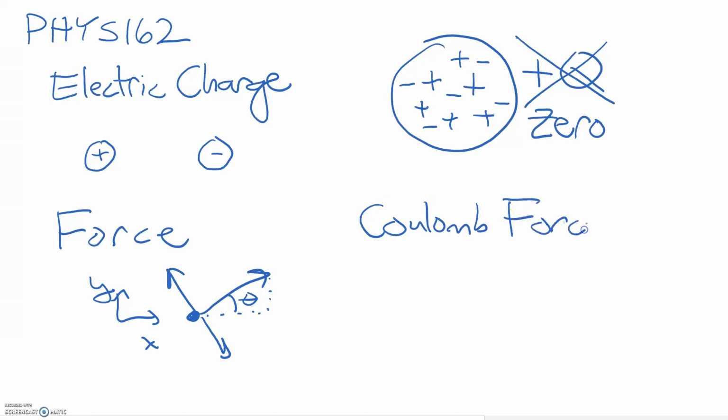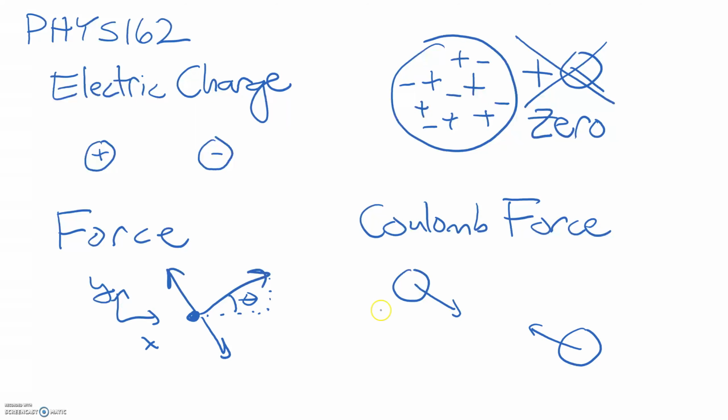And it goes like this, that the force between two objects is along the line connecting them. You'll notice that these two arrows are equal and opposite. That actually doesn't have anything to do with the Coulomb force. That's a property of force itself. That's Newton's third law.